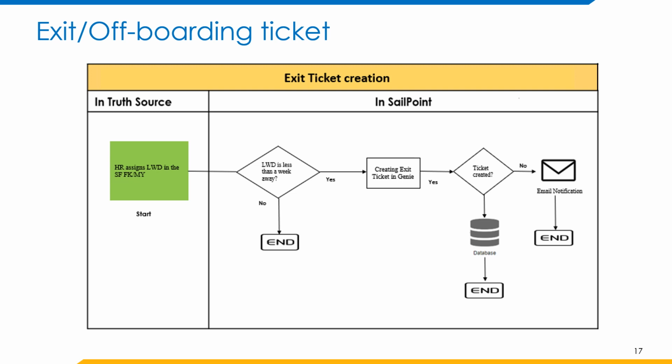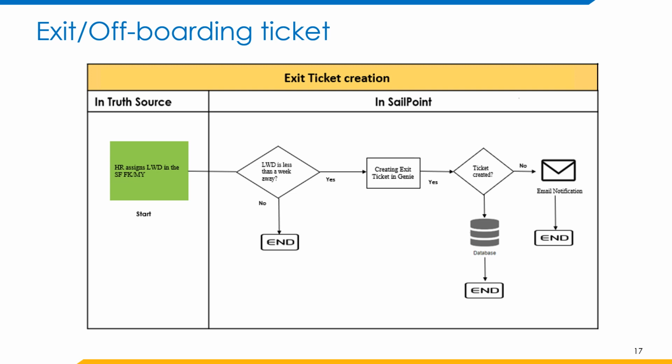If this condition is satisfied for an identity, then a lifecycle event called Genie termination ticket event will get triggered, which in turn triggers the workflow called Genie termination ticket workflow. In this workflow, we will be making an API call of create a work order API to create an exit ticket for the identity which is leaving the organization.